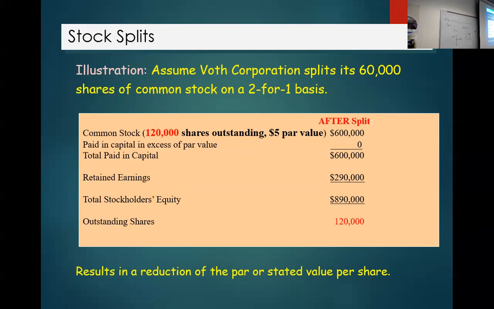And you don't always have to do 2-for-1. You can do 3-for-2. You can do anything you want in a stock split. Okay. So years ago, Starbucks used to say, if our stock selling price, not par value, selling price, stayed above $50 a share for 6 months, we'll split and go back to $25 a share.